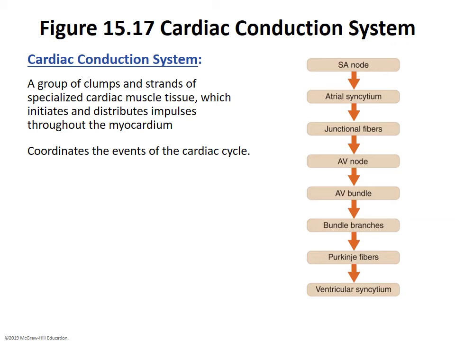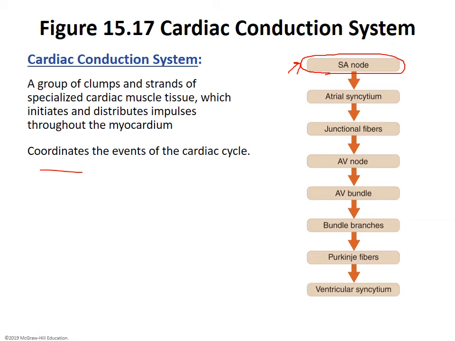It is designed to transmit a signal. So we have a conducting system in the muscles of the heart, in the cardiac muscles, and it's what coordinates these events. And it starts with a thing called the SA node, and we will look at this in the next slide, I believe. It is what is referred to as the pacemaker of the heart.